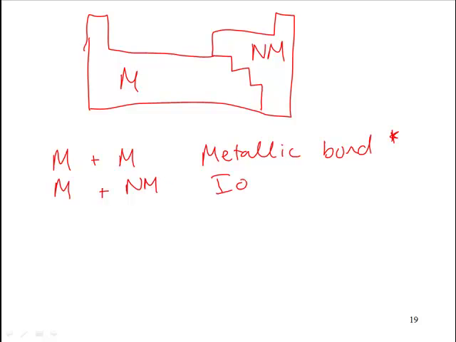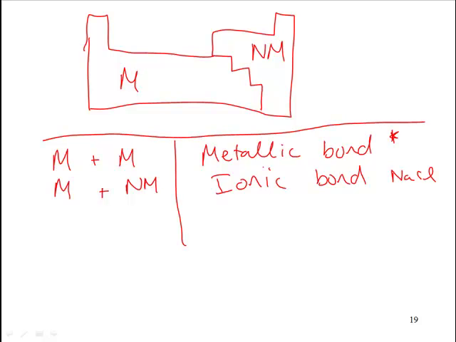This makes what is called an ionic bond. Sodium chloride is a great example here. The third type is a nonmetal with a nonmetal, and this is classified as a covalent bond.